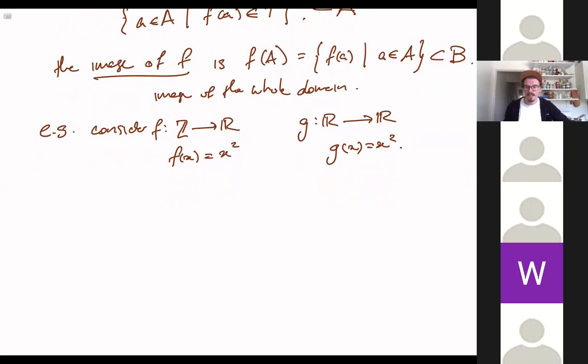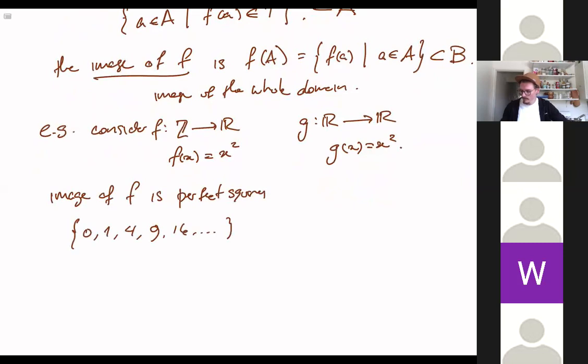And here's one reason that we want to consider them to be different. The image of f is the perfect squares: 0, 1, 4, 9, 16, and so on. On the other hand, what is the image of g?